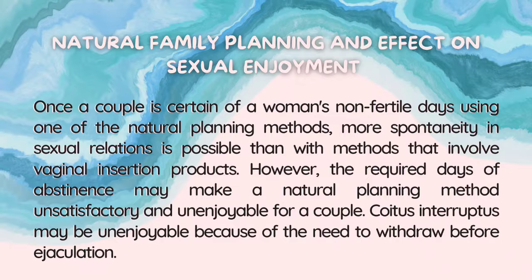to postpone pregnancy. Different modern methods of natural family planning are available for family planning, and several have a good level of medical evidence for their effectiveness in avoiding pregnancy.